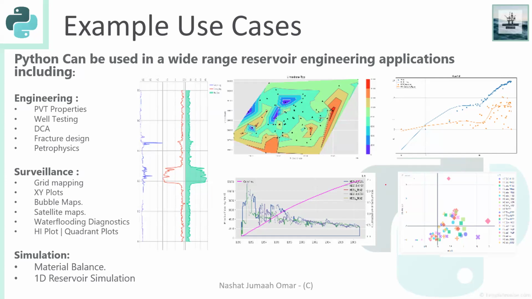You can create different quadrant plots that analyze multiple values at the same time. You can create machine learning algorithms that take in your wells and convert them into smart models, and they predict which wells are good and which wells are bad. Plus, you can also use Python for simple simulations like material balance simulation or flowing material balance simulation.